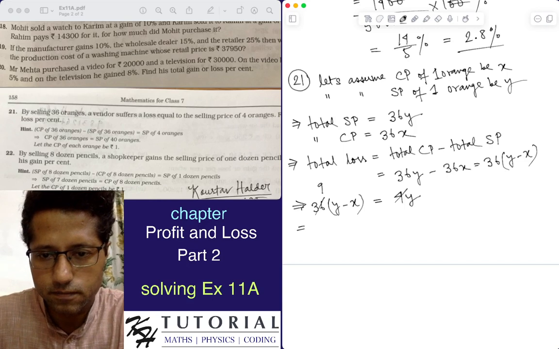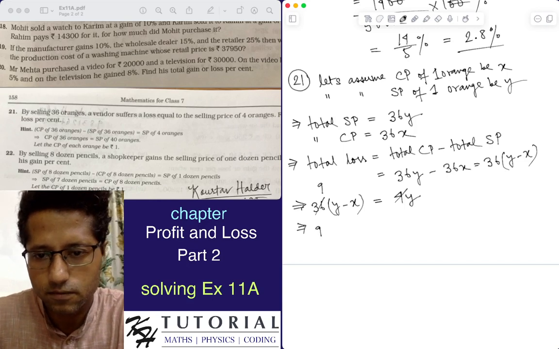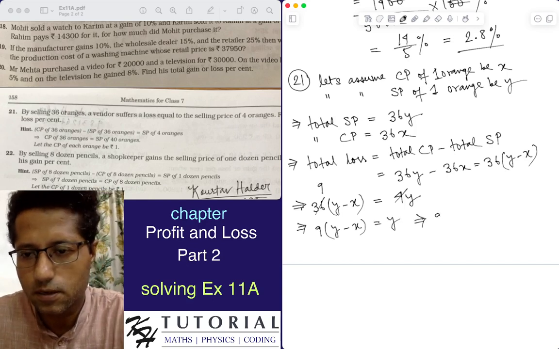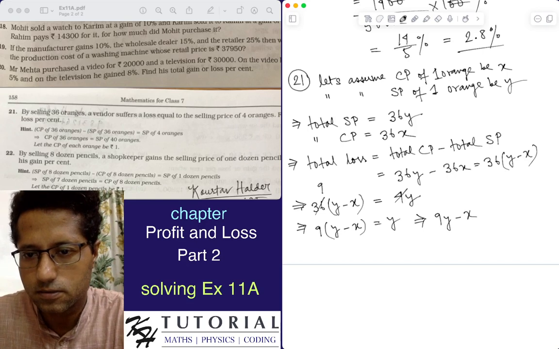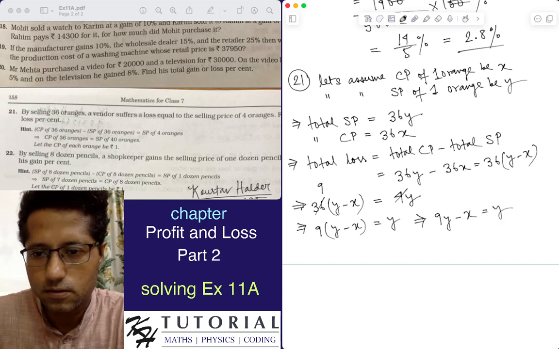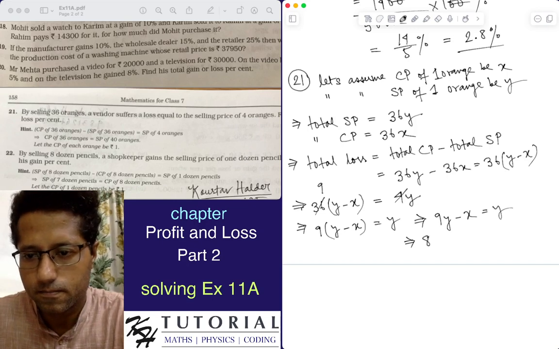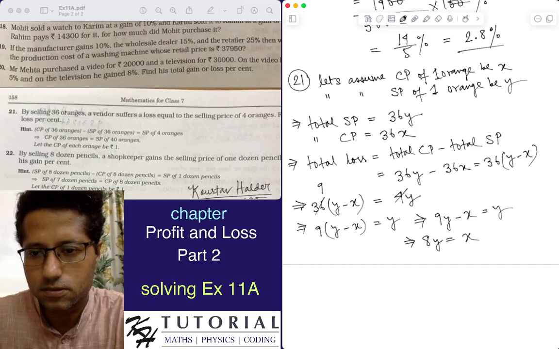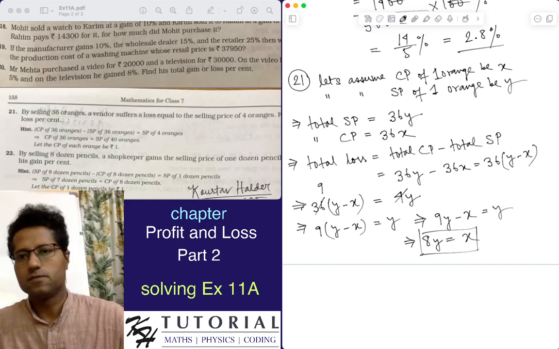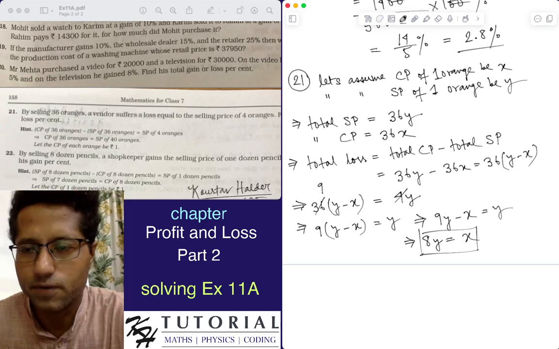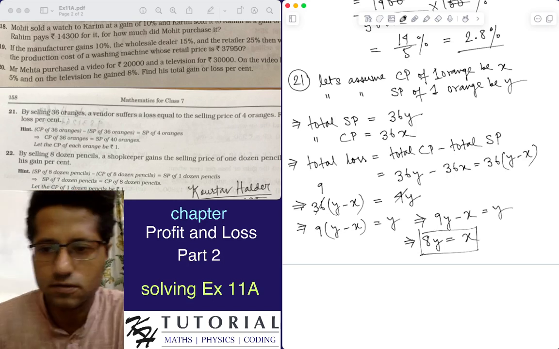So we can do this: 9 into (X minus Y) equals Y. This implies 9X minus 9Y equals Y. So this implies 8Y equals X. So we got this relation between Y and X, that is the cost price and the selling price of 1 orange.